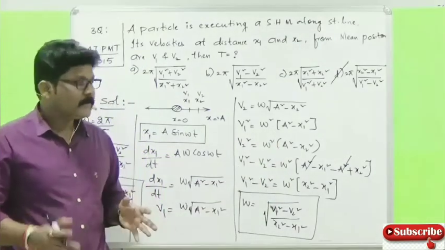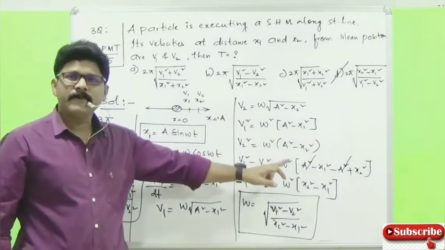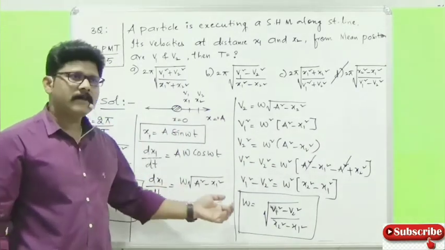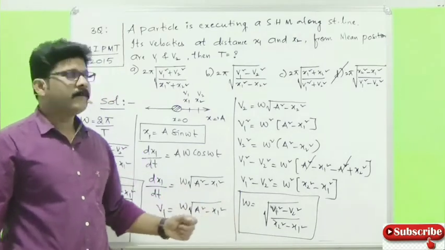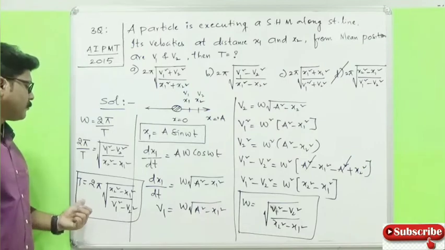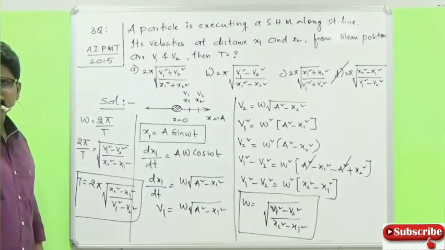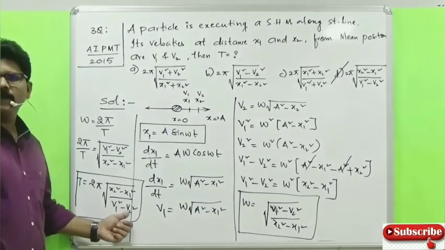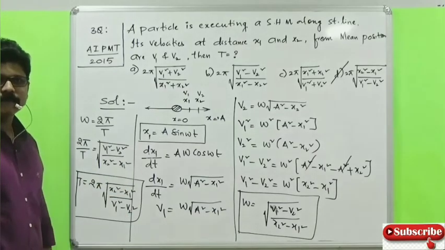So if I subtract, the two terms will be eliminated, amplitude will be eliminated. So I will be getting only the angular velocity. From that we can calculate the time period. So T equals 2 pi under root of (x2 square minus x1 square) divided by (v1 square minus v2 square). Okay.